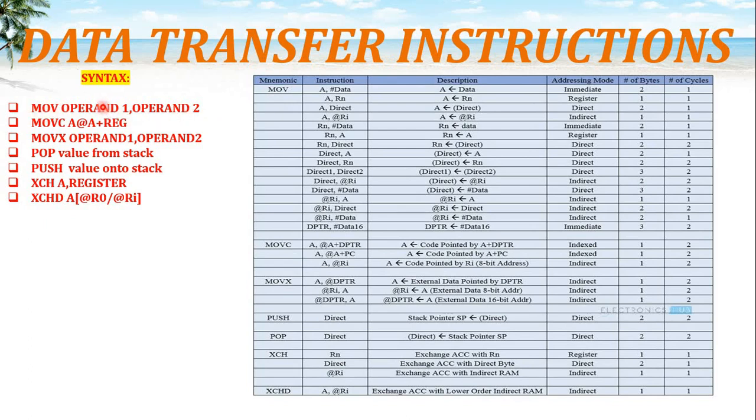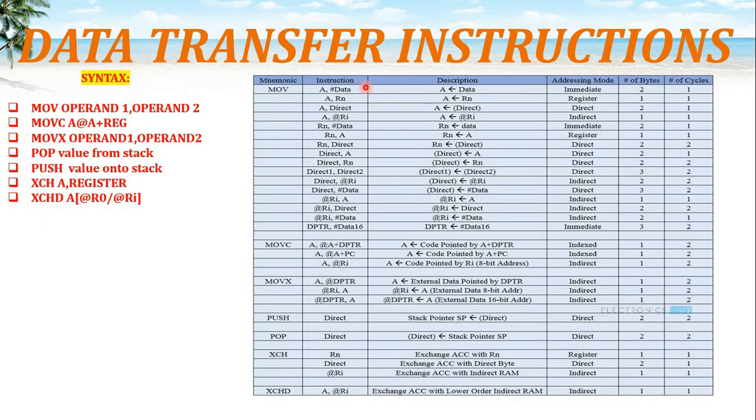That is the syntax: it must follow this format only. A MOV instruction must have two operands. In MOV A, #data, A is operand 1 and data is operand 2. Similarly, all instructions are like that. In MOV direct, A, direct is operand 1 and A is operand 2. So the move instruction should be in this format only.